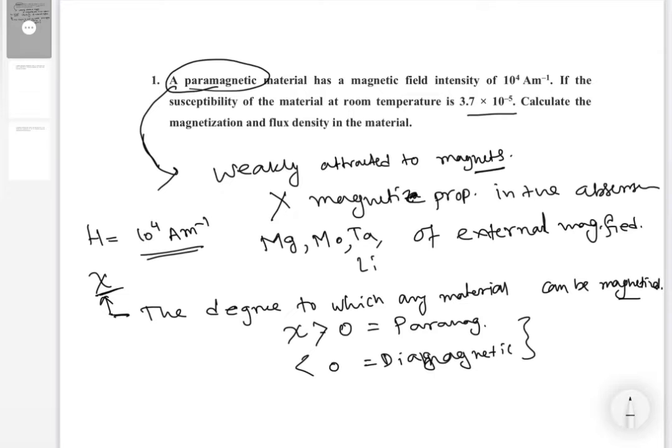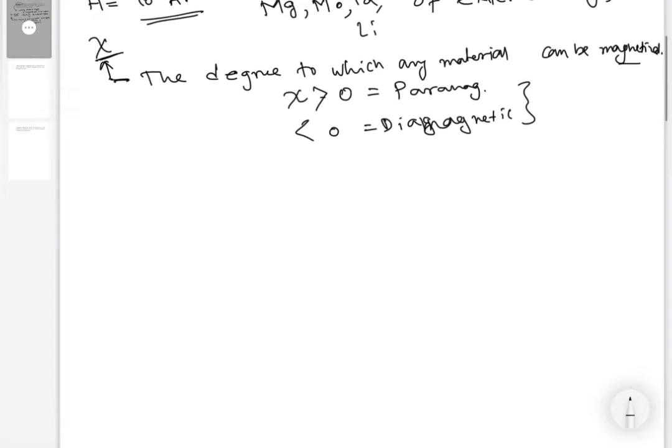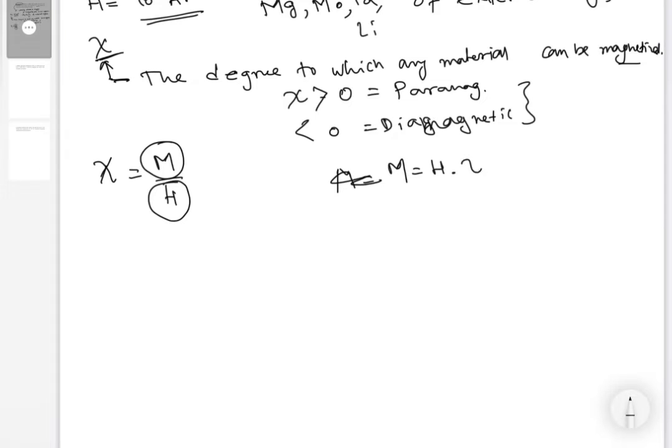Coming to the problem, chi is given by M by H. This is the magnetization and this is the magnetic field intensity. I am not going into the details of each parameter here. M is equal to H into chi.